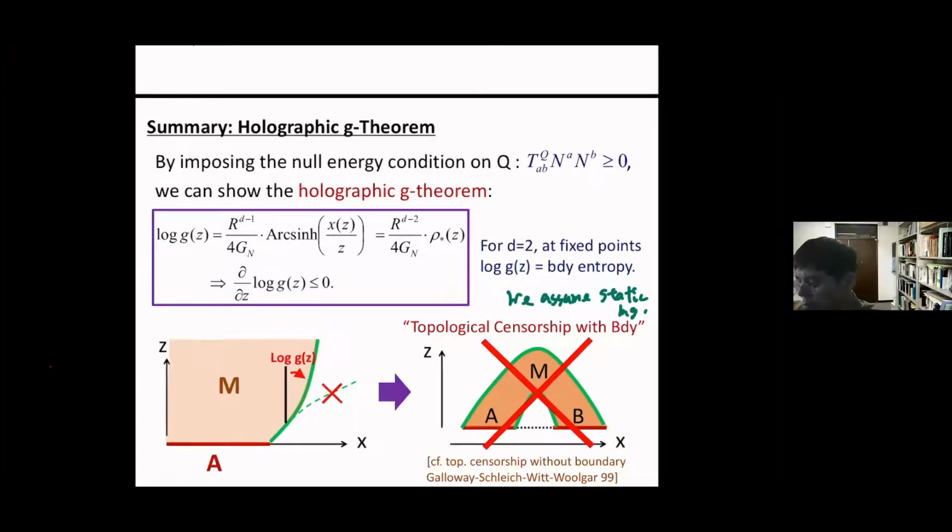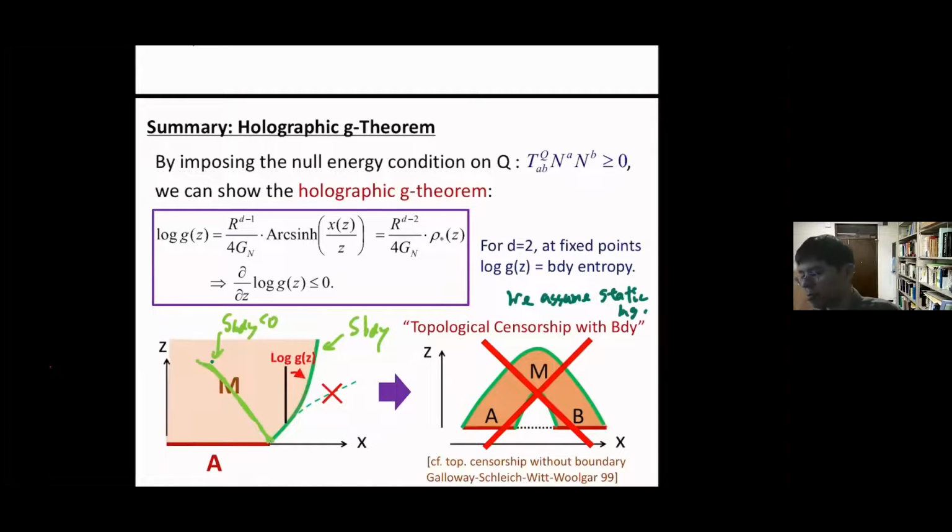For example, in the case of this boundary, if the boundary is like this, then the boundary entropy is negative. In this case it is positive. So if we go this way, it's positive, but on the opposite side it's negative.